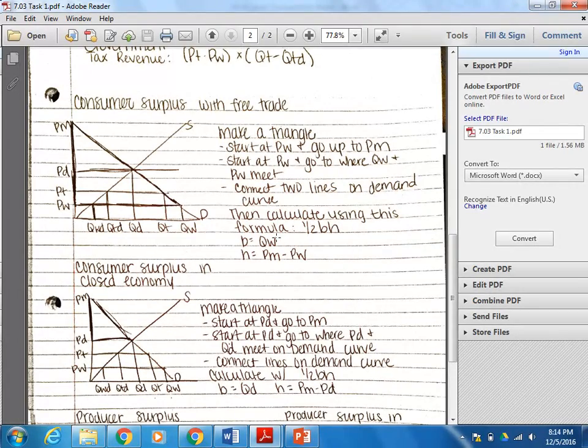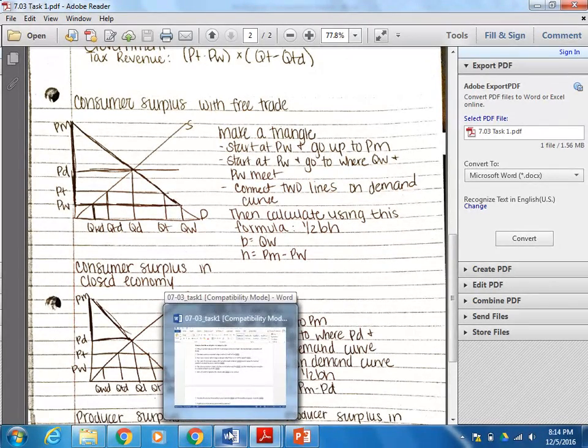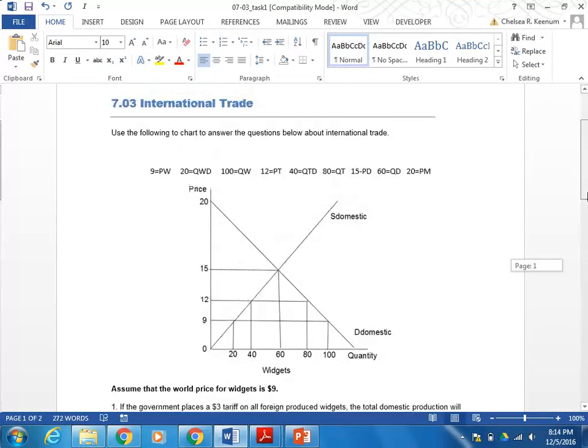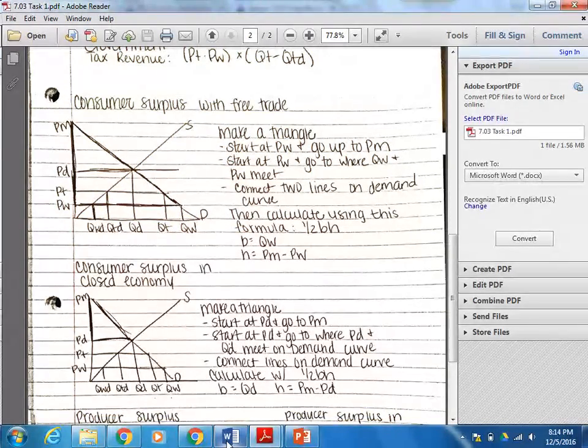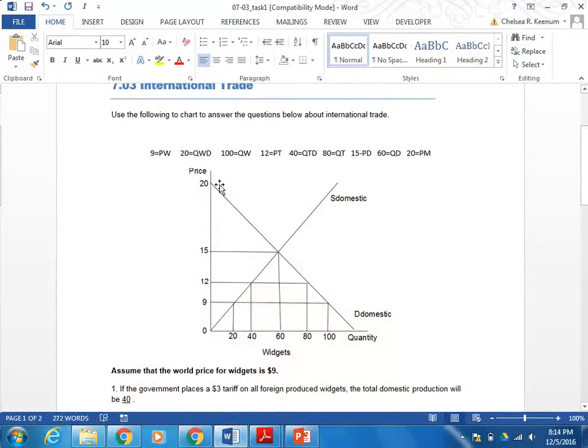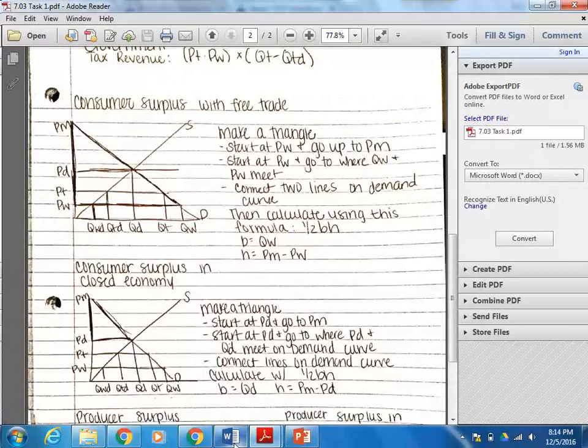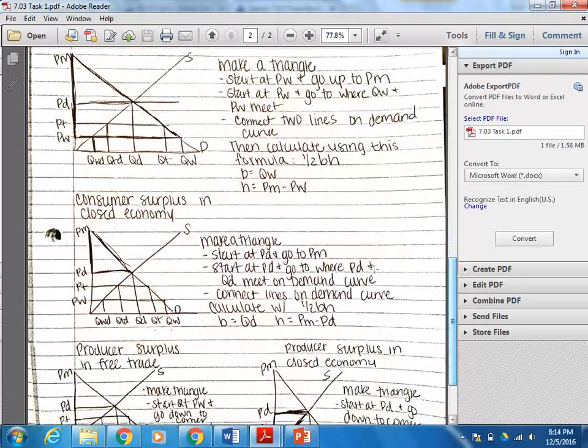Now, for a question like number 6, now you're calculating revenue with tax. To calculate revenue with tax, you kind of switch things up a little bit.